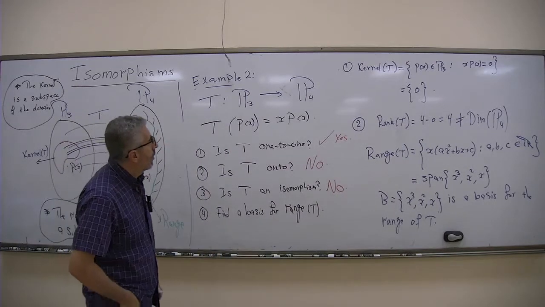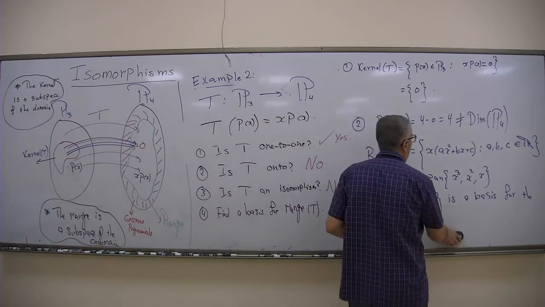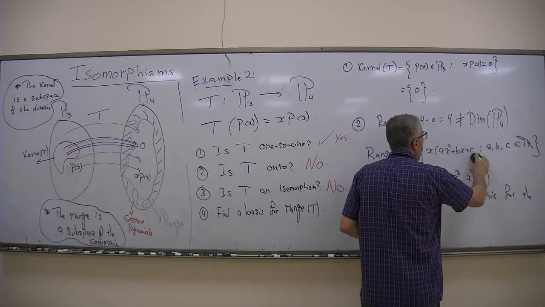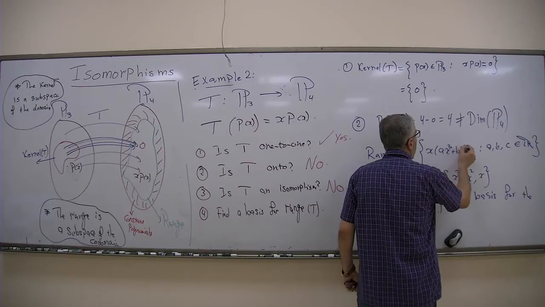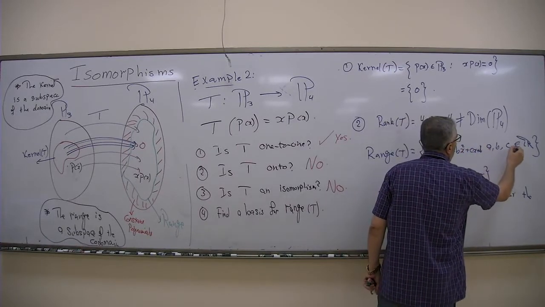Oops, no, I'm sorry, I'm making a mistake here. I'm talking about vectors in P3, so that should be x cubed, x squared, x plus d, and here there is also d.